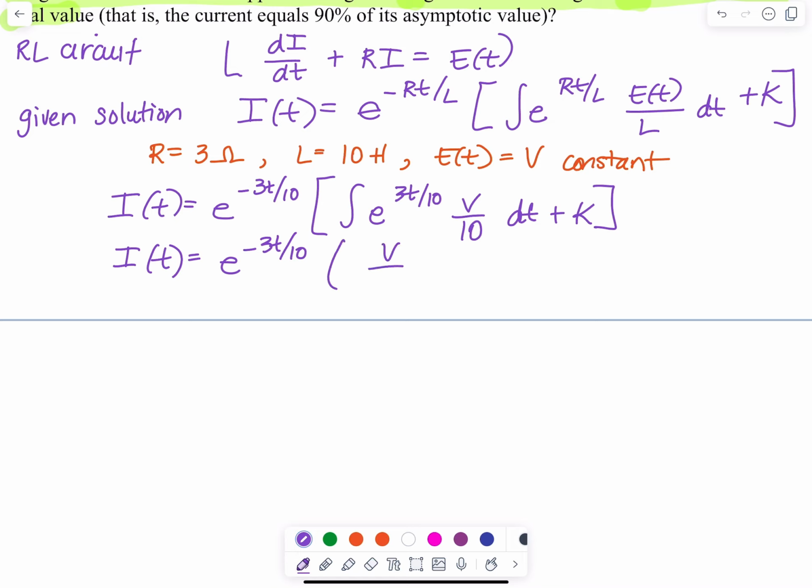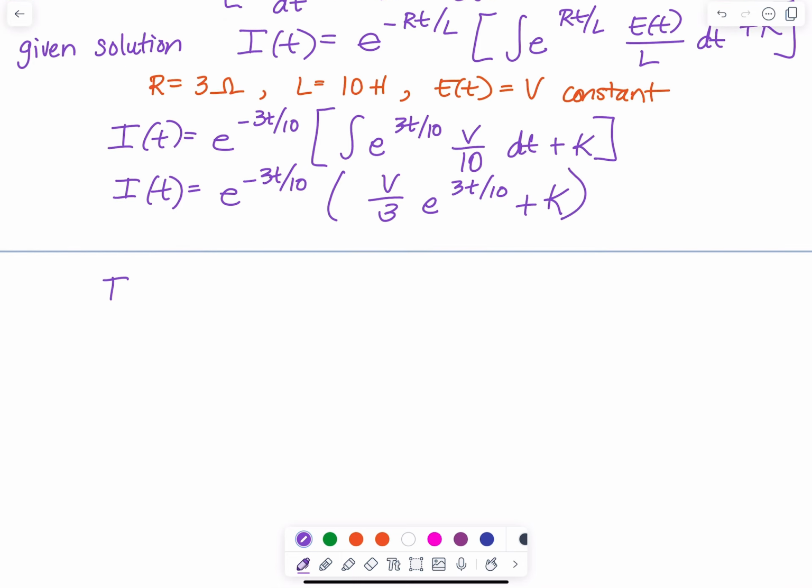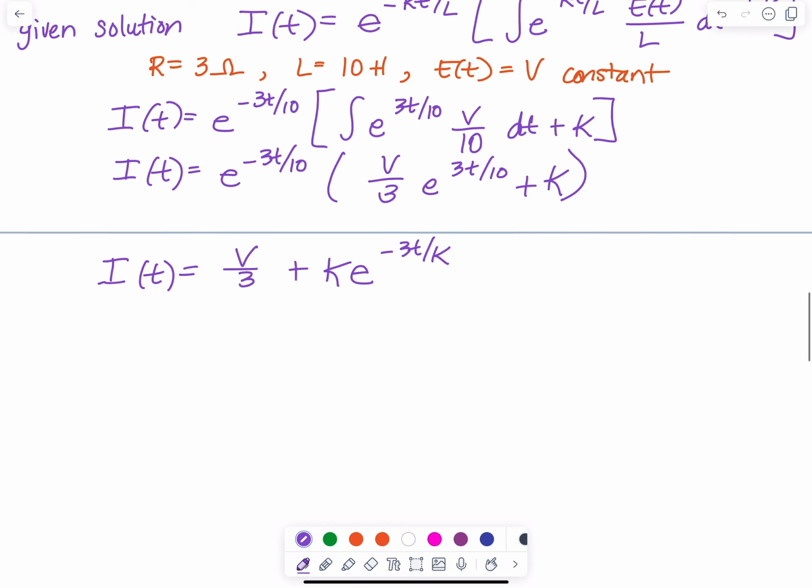And here we have V over 3 e to the 3t over 10 plus K. Let's go ahead and do some simplifying by distributing that exponential term. So here we have V over 3 plus K e to the negative 3t over 10.